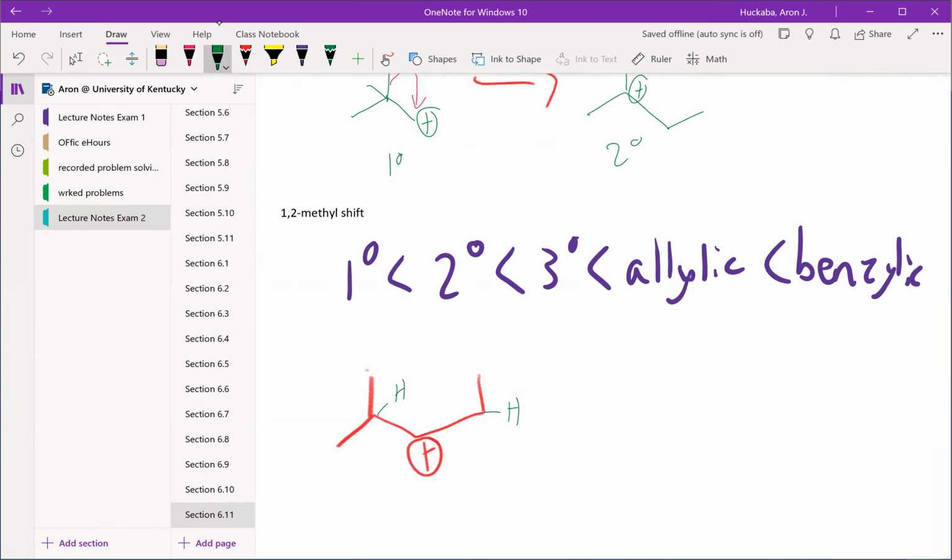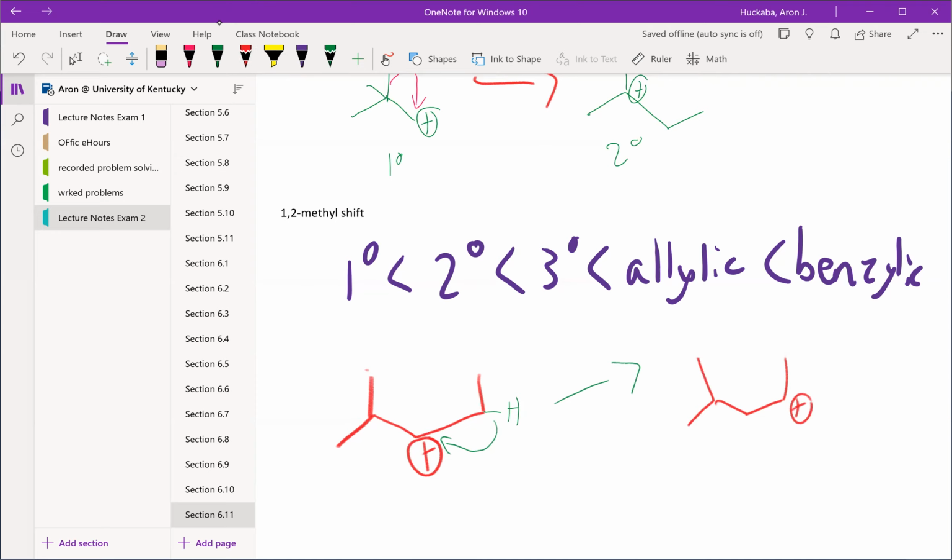So if we did a hydride shift coming this way, then what we would get is a secondary carbocation, which is pretty stable.